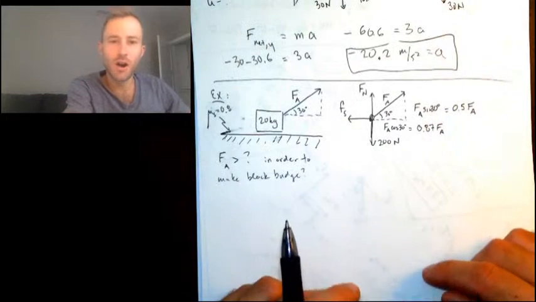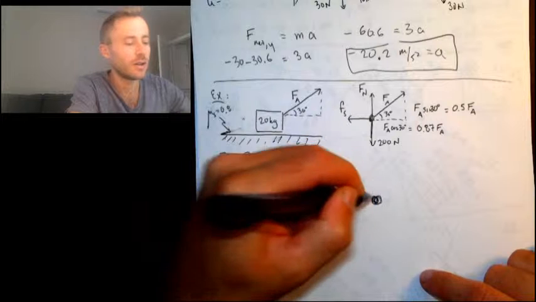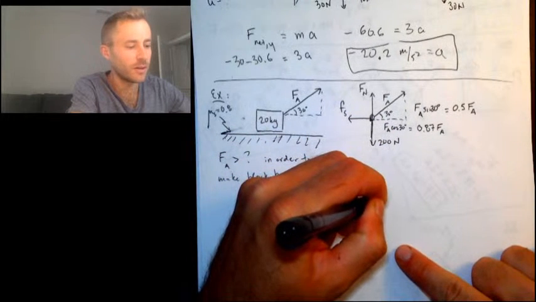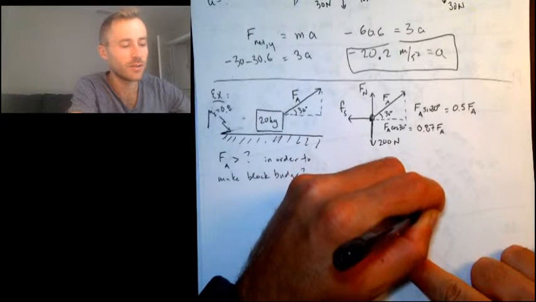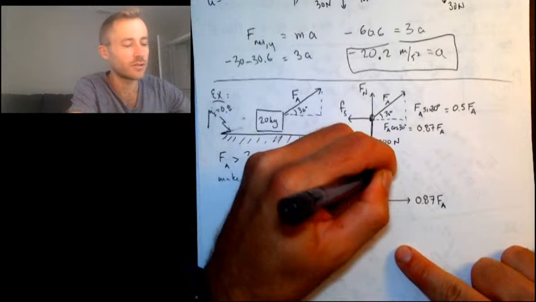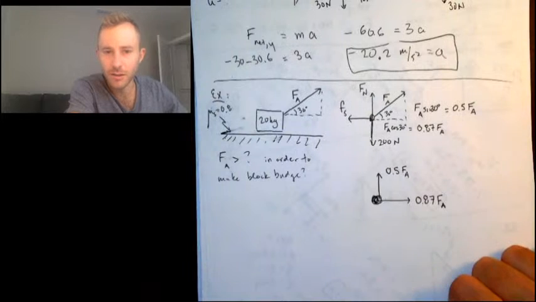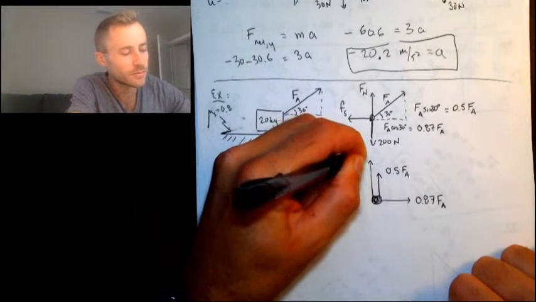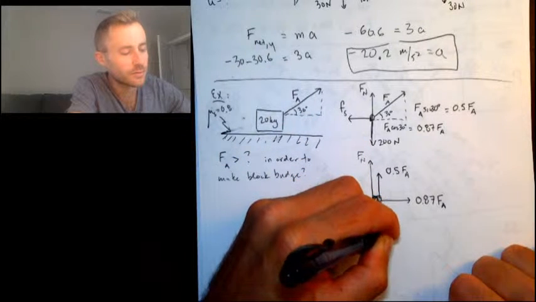So when I redraw the free body diagram, the diagonal applied force is going to become a horizontal force of size 0.87 f sub a and a vertical force of size 0.5 f sub a. So that's what happened to the diagonal force. Then we have normal force, and we have weight force.